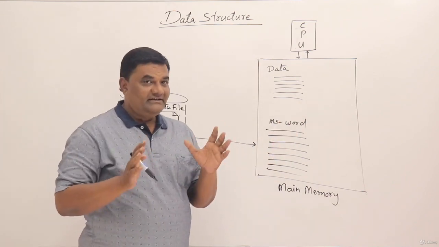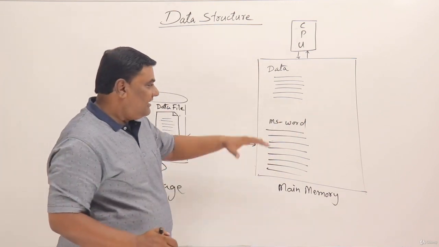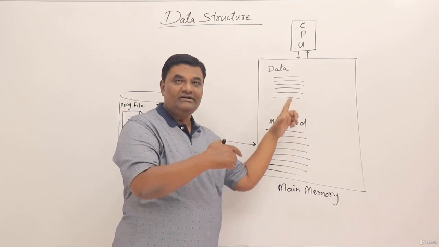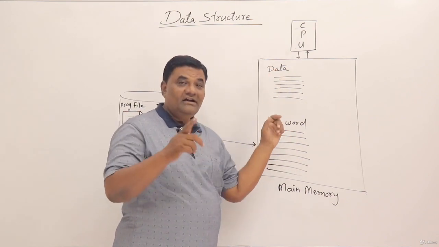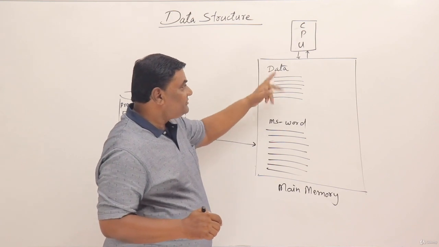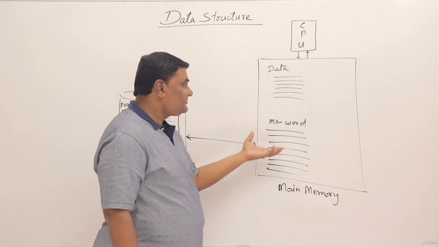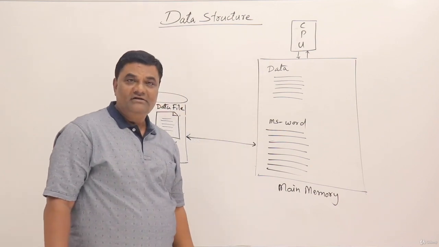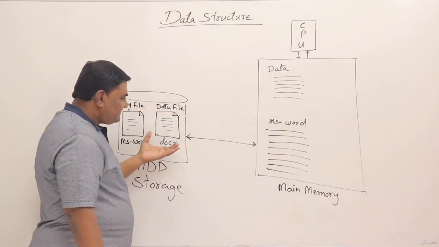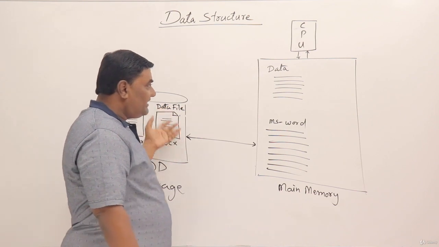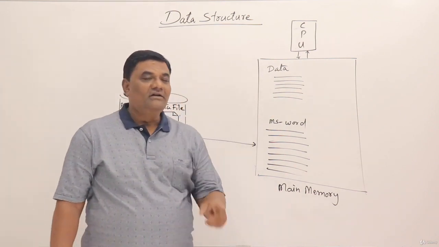From this I can say that a program has to be brought into the main memory for its execution, as well as data has to be brought into the main memory for processing, so that these instructions can perform operations on the data. A program cannot directly process the data while keeping it on the storage. The data has to be brought into the main memory.